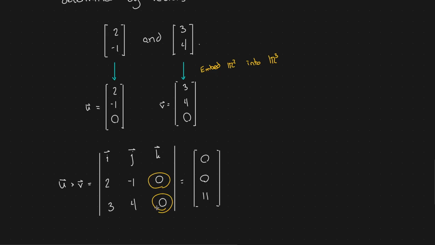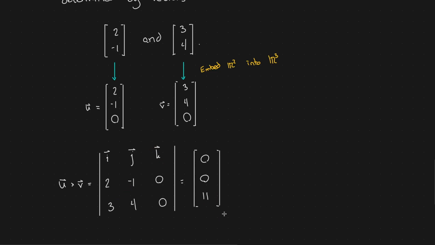Whenever we have zeros in this last column and we're taking a cross product, when we get our i component, we're multiplying by 0, so we'll get 0 up here. When we're calculating our j component, we're multiplying by the zeros in that last column, so we'll get zeros for our j component. The only component generally that need not be 0 is the k component.